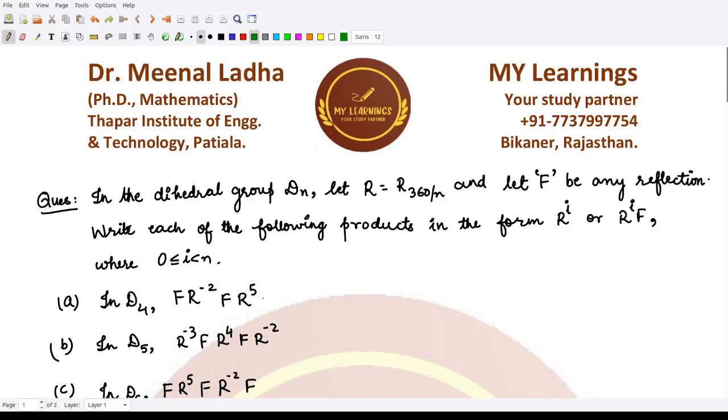They are saying that we are given some dihedral group Dn, so we are talking about the symmetries of a polygon having n sides, correct?